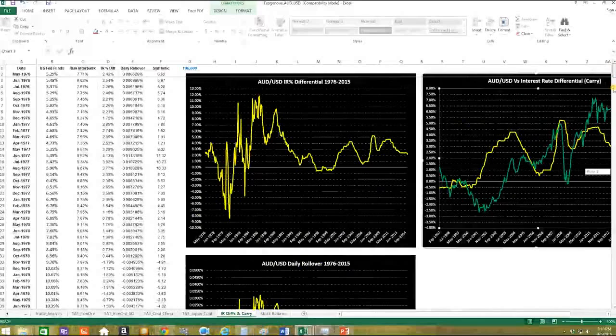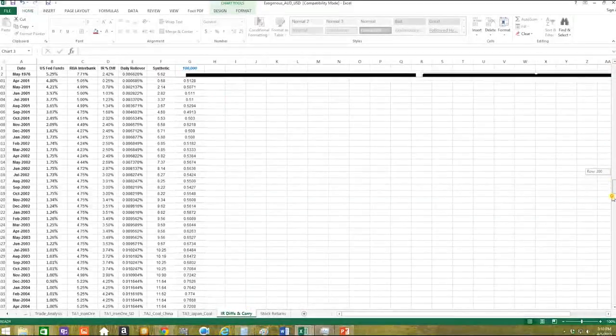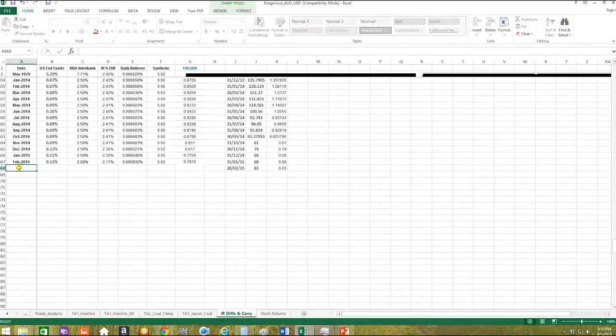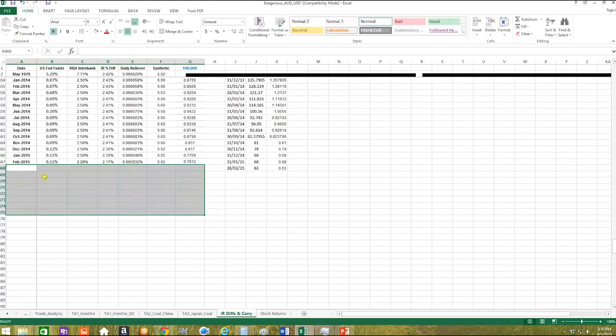And again, all you have to do with these things is download the data, as we've shown you how to do, and put in the latest data for both US Fed funds rate and RBA interbank rate.